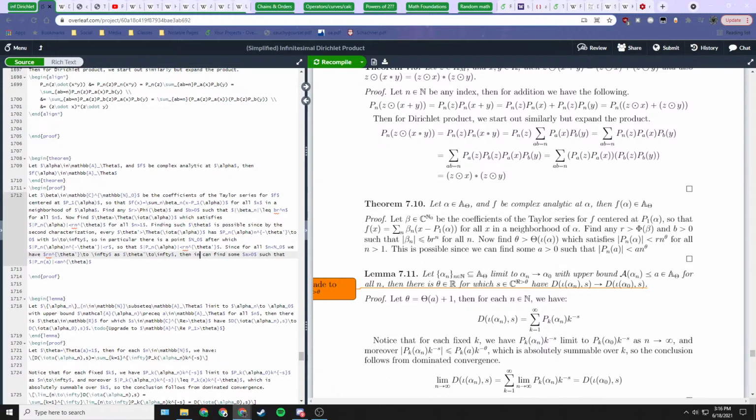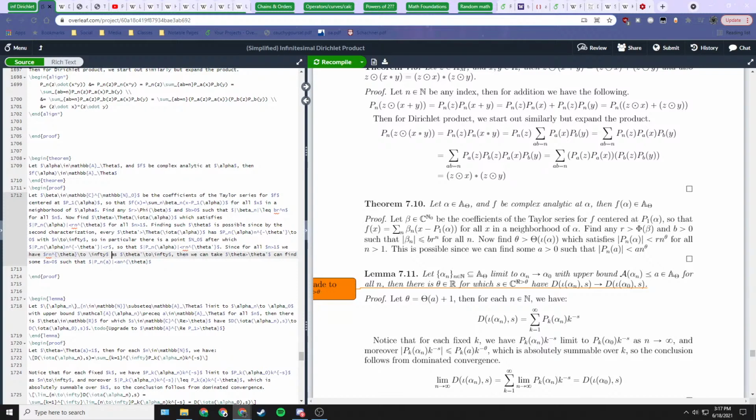Then in particular, since for all n greater than 1, we have r n to the power theta prime going to infinity as theta goes to infinity, we can take theta strictly greater than theta prime.